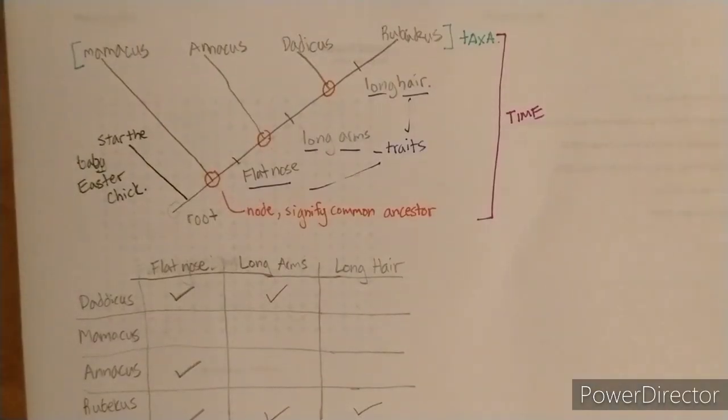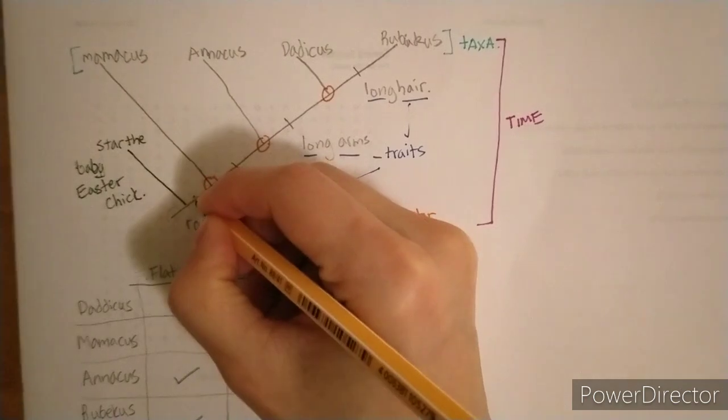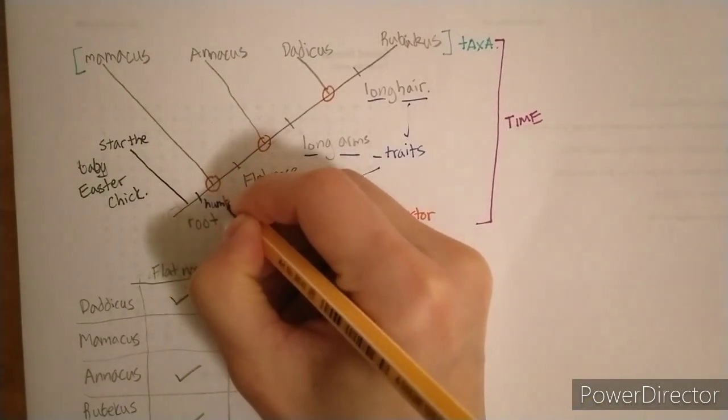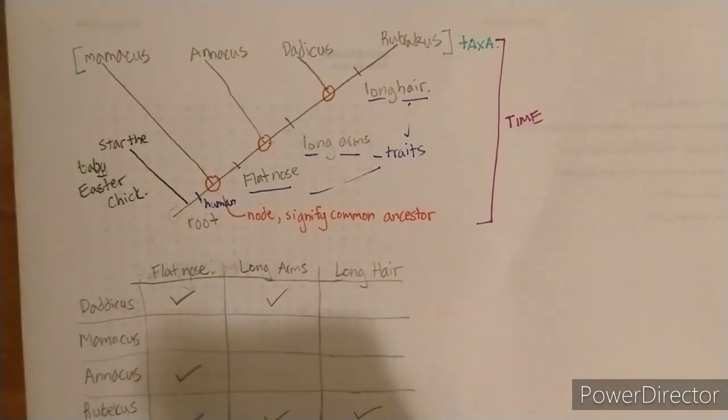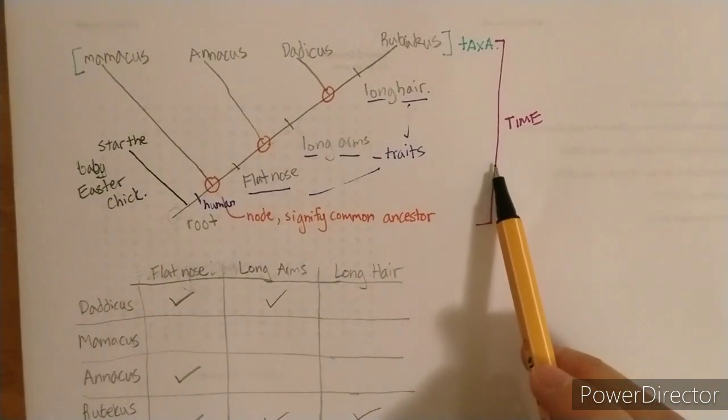I think the trait for Star versus Momicus, Anicus, Daticus, and Rebecacus is quite easy. It's probably just the fact that they are human, whereas Star was a beautiful chicken. What you might notice, though, is I drew Star's branch so that it stops rather abruptly in time.